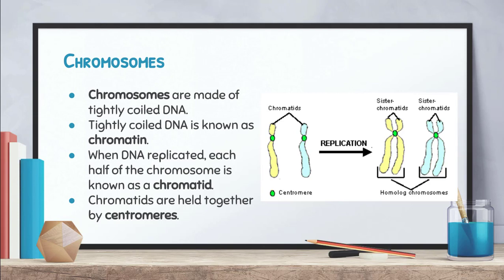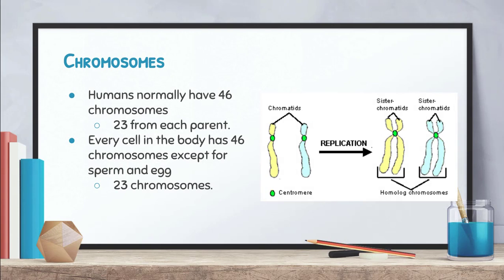These chromosomes are going to be pulled apart, and each half of it, or what you see on the left-hand side of the picture here, will be in each new cell. So keep in mind, again, chromosomes are tightly coiled DNA, which is known as chromatin, and each half of a post-replicated chromosome is a chromatid, which are genetically identical to one another.